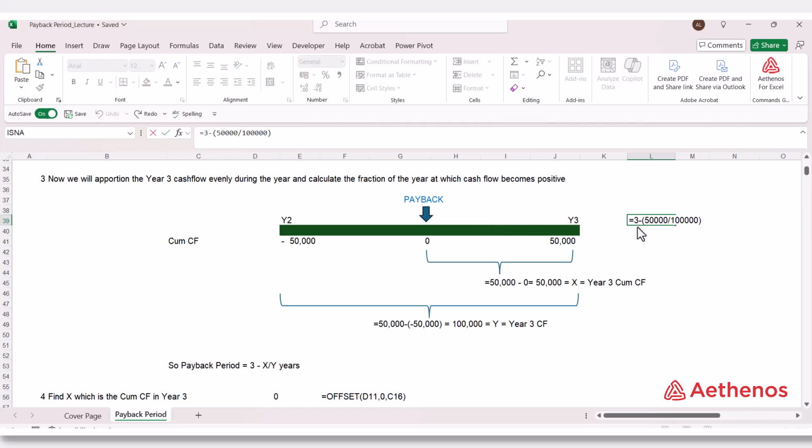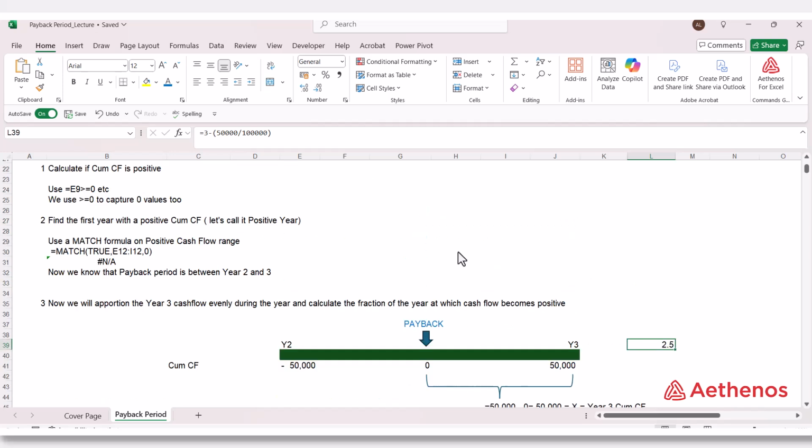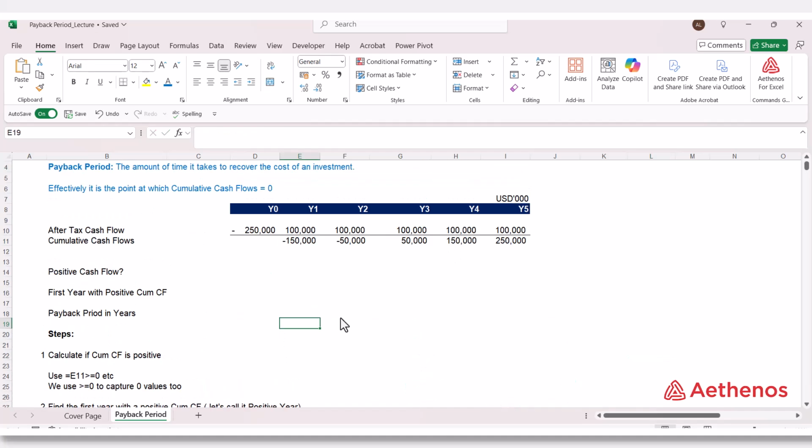So here I have calculated this manually, but let's see how we can use formulas in Excel to calculate this whenever the cash flows change and the time period changes. So we'll do this step by step. The first step is to find when the cumulative cash flows become positive.